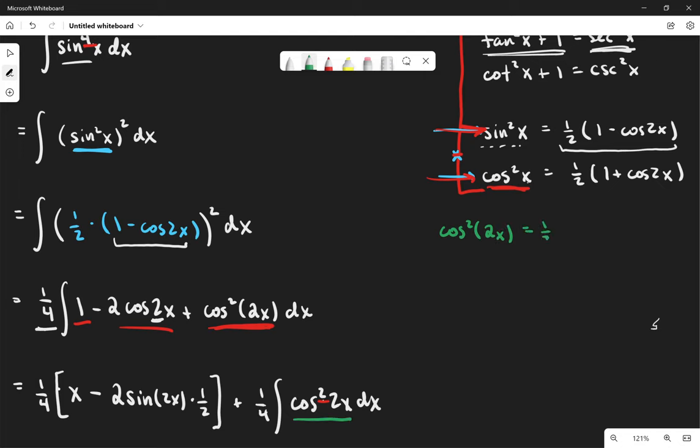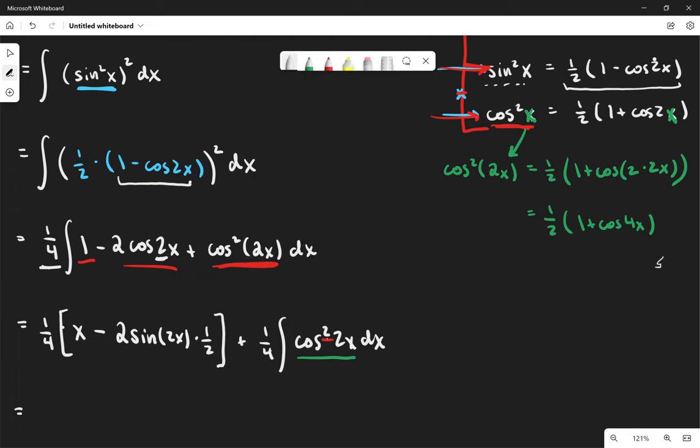That's going to be 1/2 times, the x I'm going to replace with 2x. Cosine of 2, I got to replace the x with 2x. So I actually get a cosine of 4x. 1 plus cosine 4x. So that's really hard to miss.